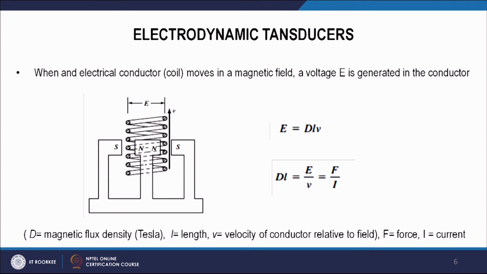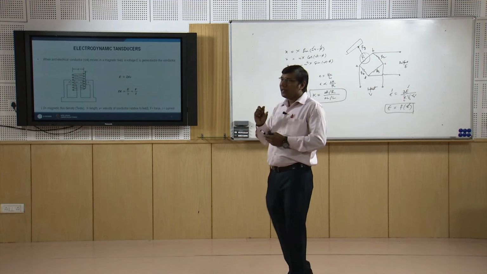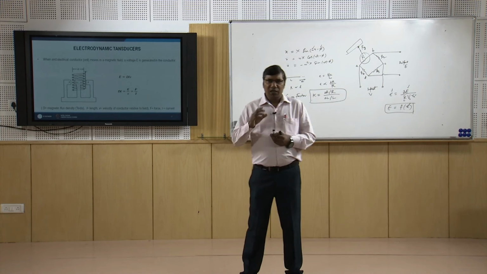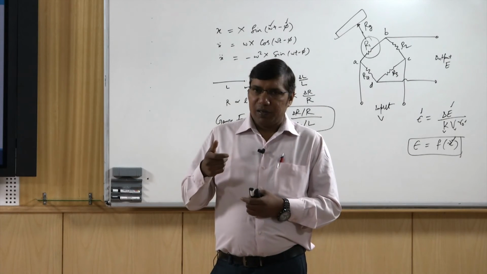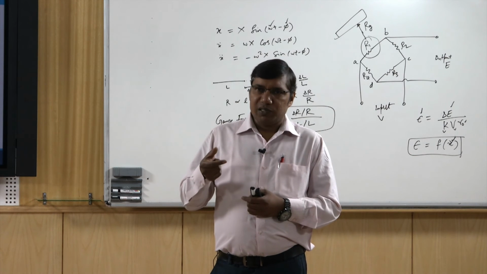The voltage that is developed is B L V, where B is the magnetic flux density, L is the length of the conductor, and V is the relative velocity. So this transducer works based on the relative velocity.